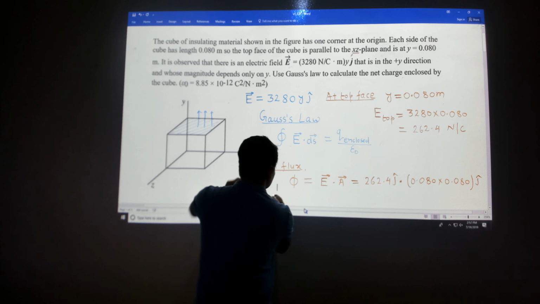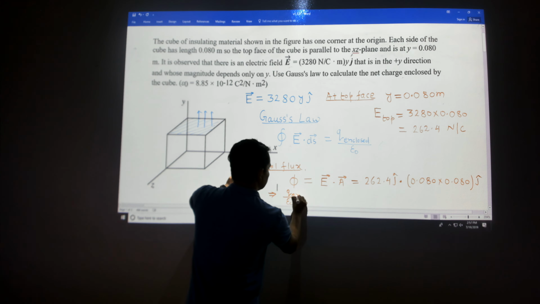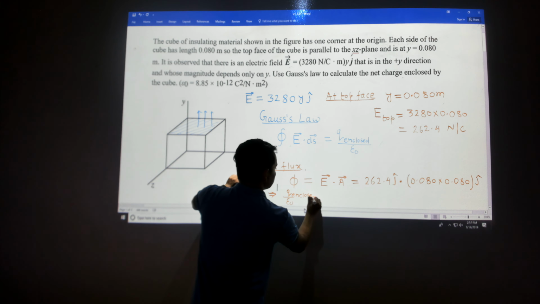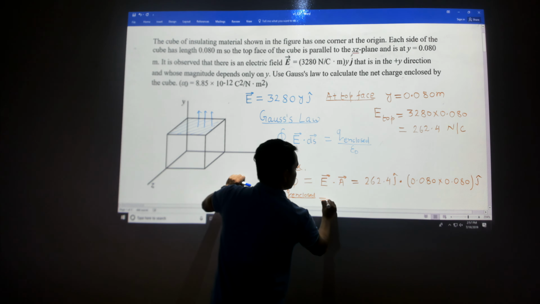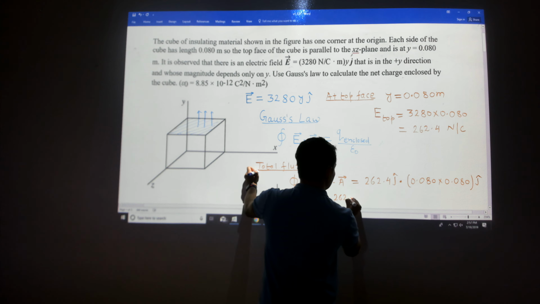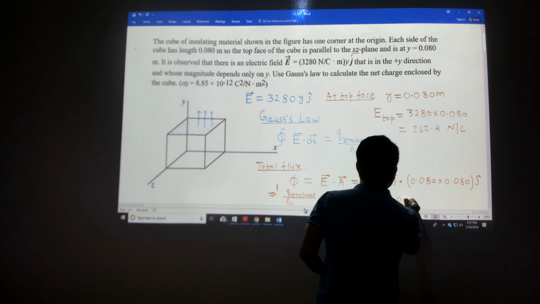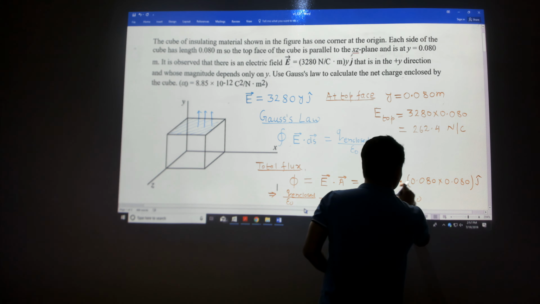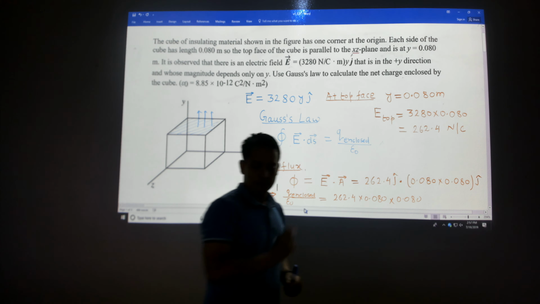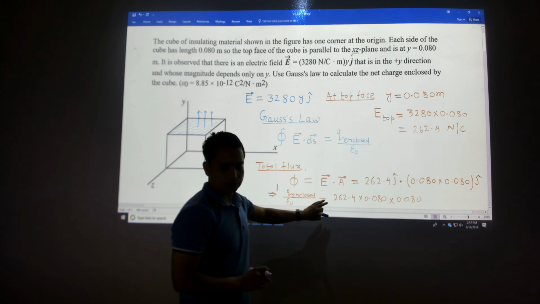This flux has to be equal to the charge enclosed divided by epsilon naught. And whatever number you get, 262.4 times 0.080 times 0.080, J dot J vector is 1. And we can solve for the value of Q enclosed.